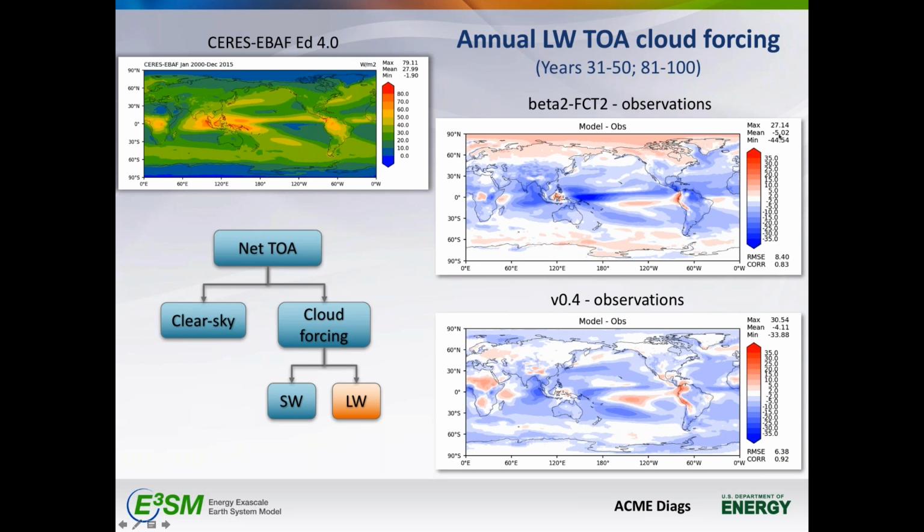That means we generally don't have enough longwave trapping from clouds, especially in the tropics and over the warm pool here, where you have large regions with blue values indicating that this is a region of deep convection, and so that is indicative of a lack of cirrus cloud. So we have too much longwave coming out because we don't have enough high clouds trapping the longwave.